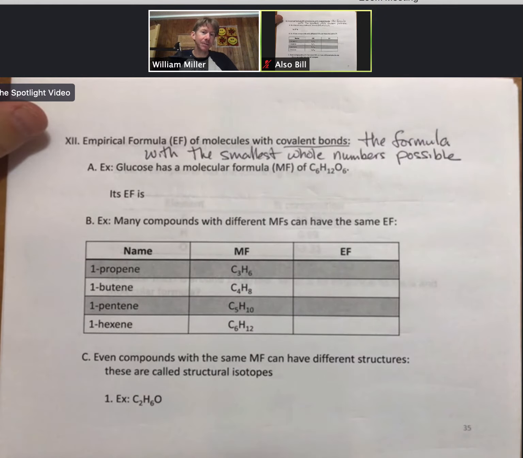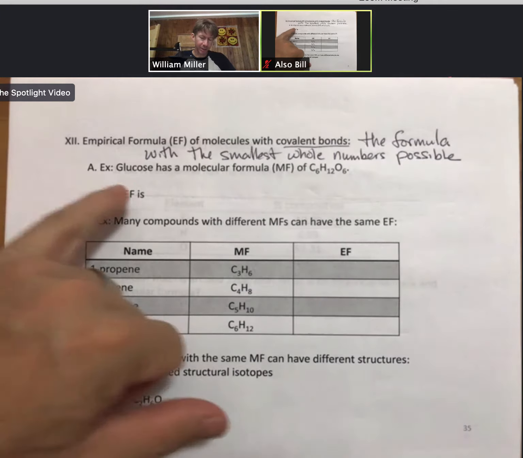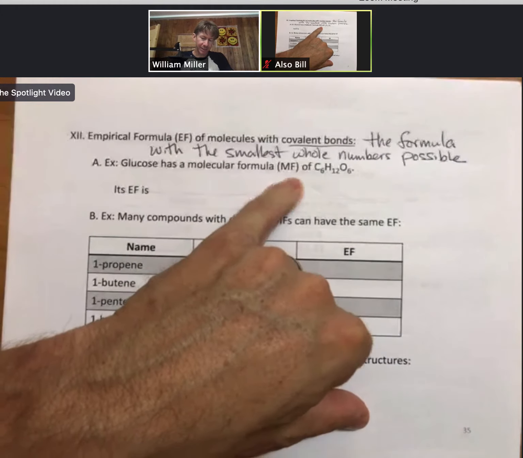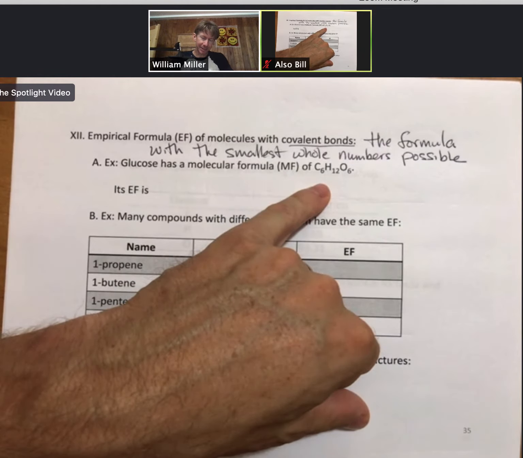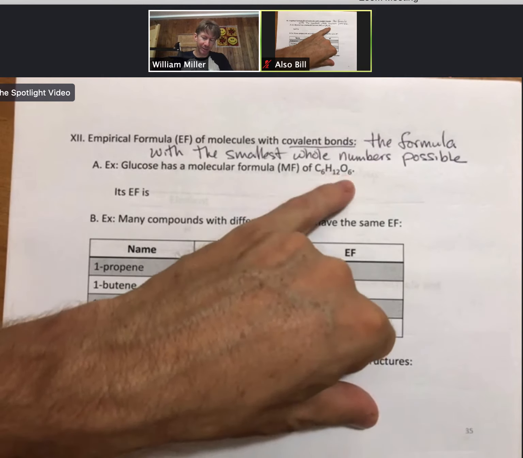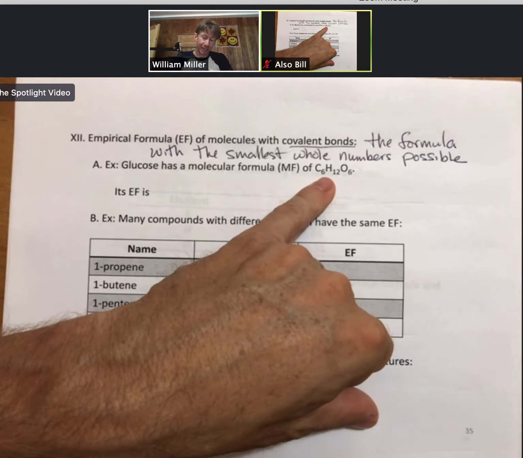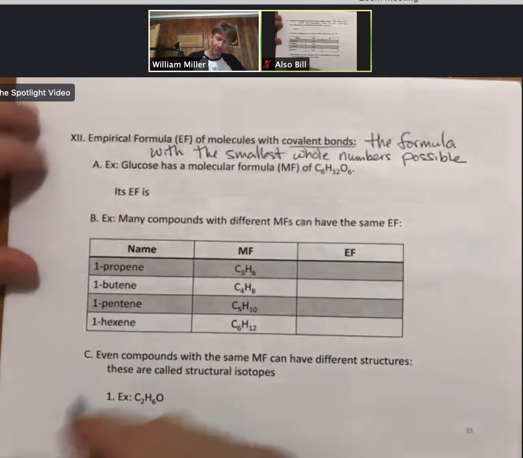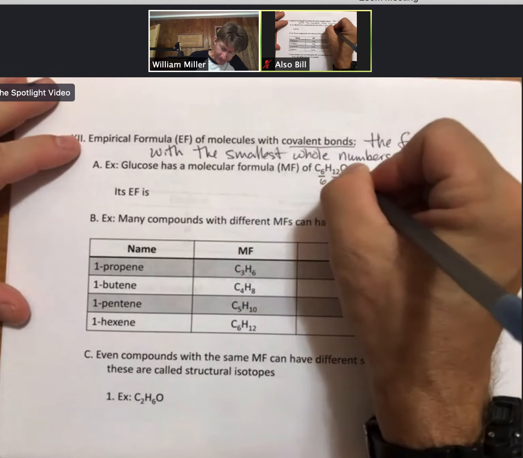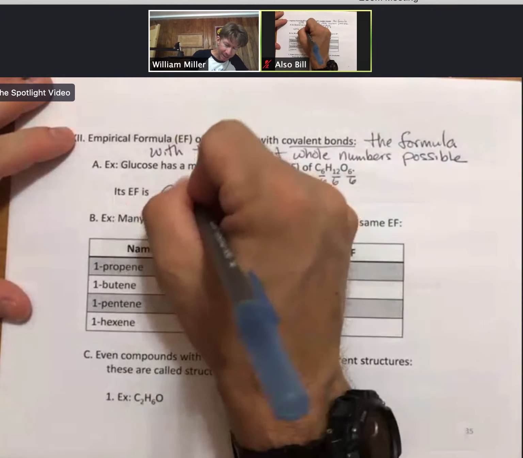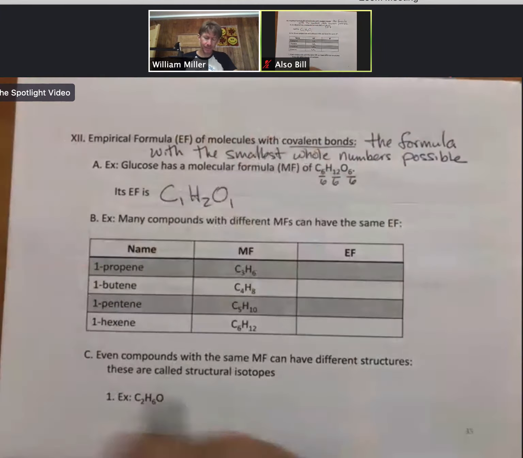So, for example, glucose has a molecular formula of C6H12O6, and we can see that all these numbers can be divided by 6, and that's the biggest thing it can be divided by. So we'll divide all of those by 6, and we'll be left with C1H2O1.